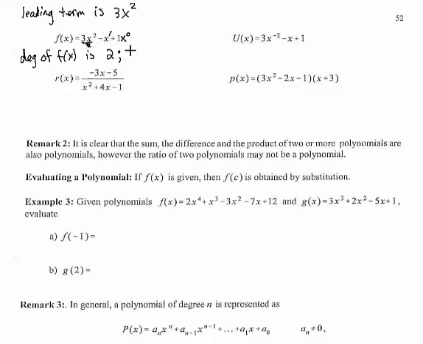What is the leading coefficient? That would be 3. And this polynomial is already in descending order. If we count backwards from the highest exponent, 2, 1, 0, they're listed from the left to the right.